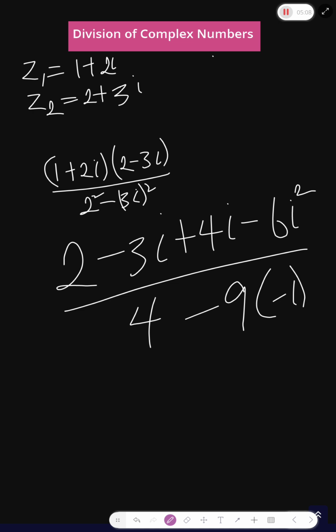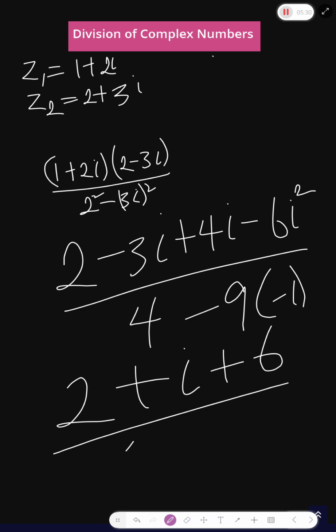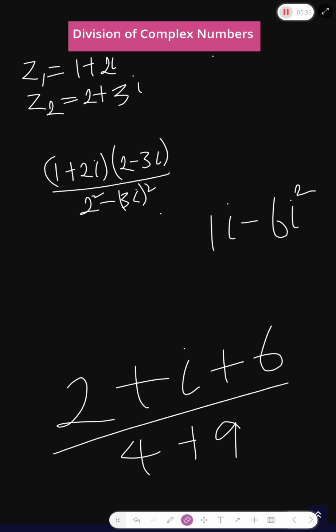From here, if you simplify the i's, minus 3i plus 4i is going to give us plus i. Then i squared is minus 1, multiplied by minus 6, you're going to have plus 6, all over 4 plus 9.